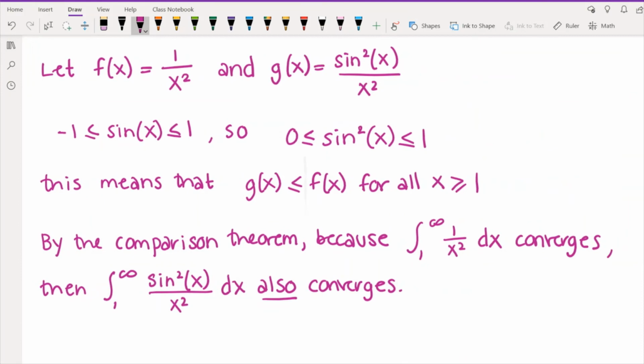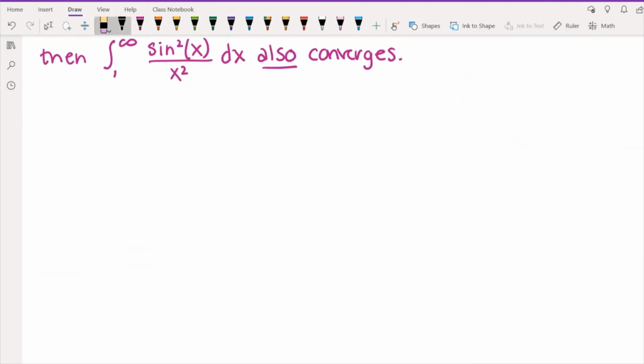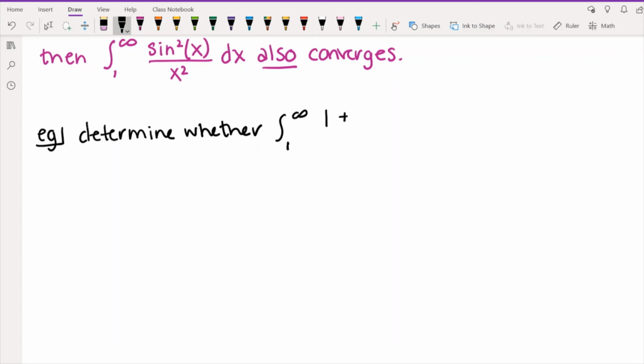So let's say now we're trying to determine whether the integral from 1 to infinity of (1 plus 5 over x) over x dx converges or diverges.